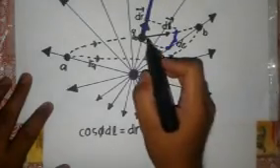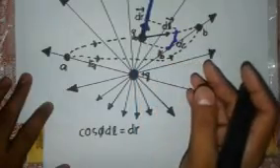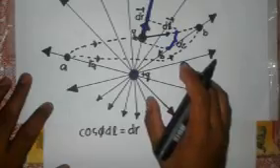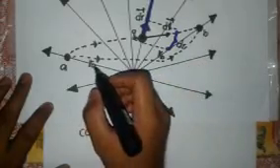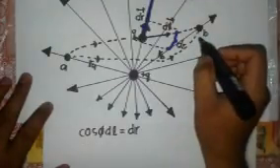So the work done on Q naught, with E produced by Q, depends on r sub A and r sub B, not on the details of the path.